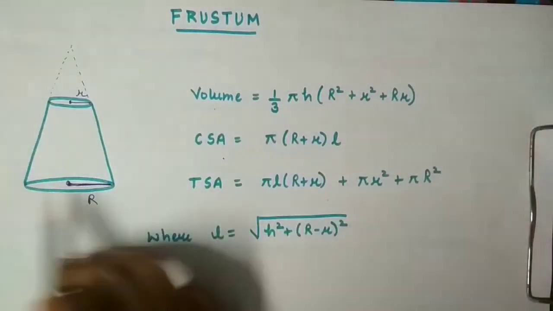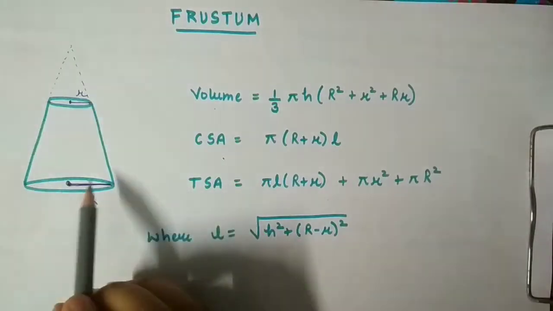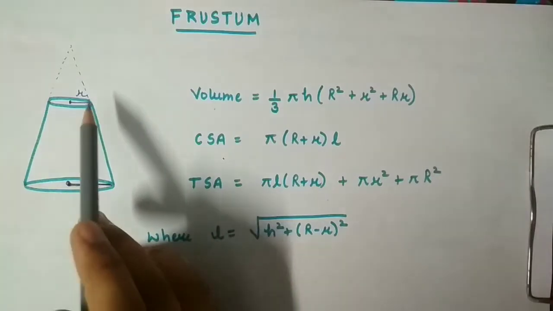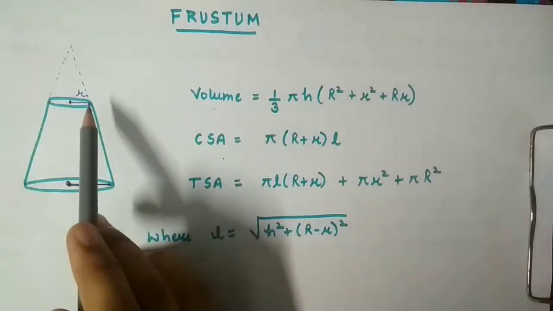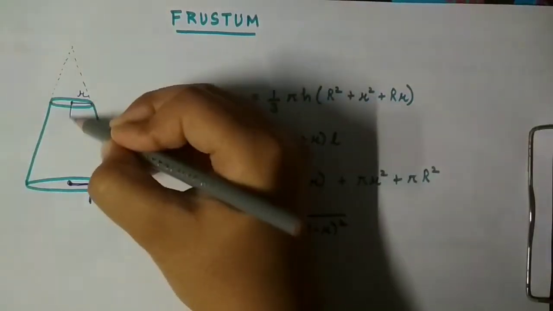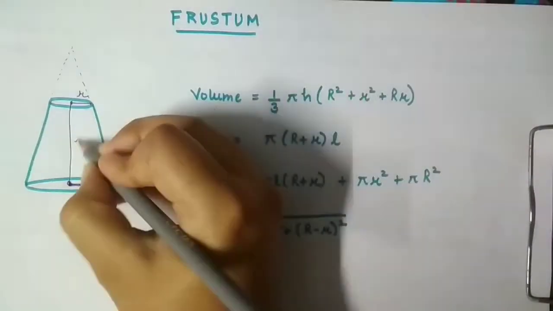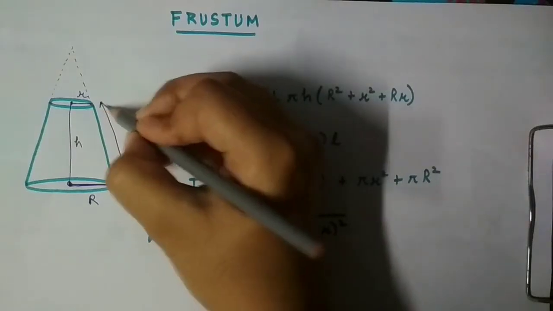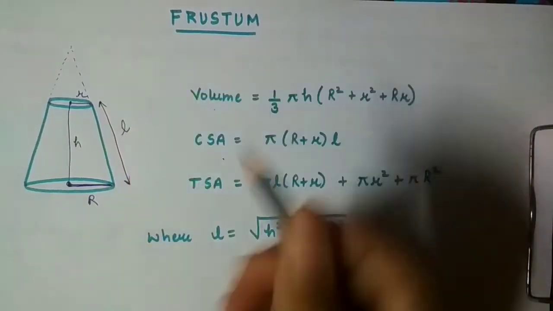So these are two circular ends of the frustum. The radius of the larger circular end is capital R and the radius of smaller circular end is small r. And this is the height of the frustum. And this is the slant height denoted by small l.